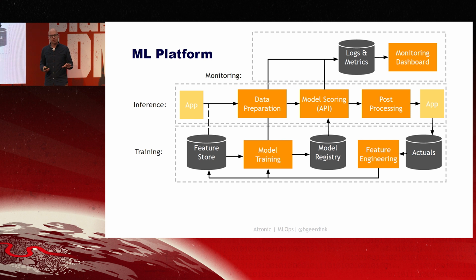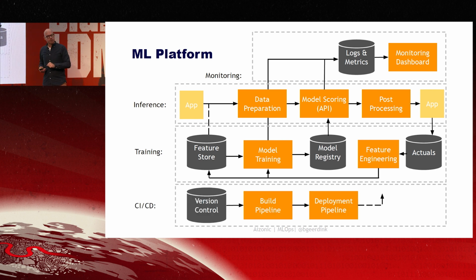And finally, since we're running in an enterprise, in a professional organization, all of that software that is running somewhere and all of these pipelines and all of this infrastructure needs to be released to your production environment.